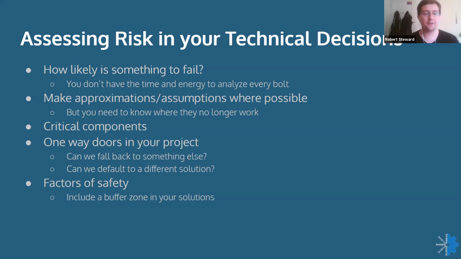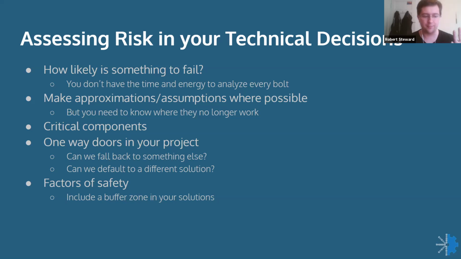And now the other thing that I added, and it's not really something quite as important with technical decision making, but it's something to keep in mind when you're looking at risk in general, is a factor of safety. So everything really can have a factor of safety and probably should, depending on what you're working on. But basically, you look at, this is the failure point, this is the cap.